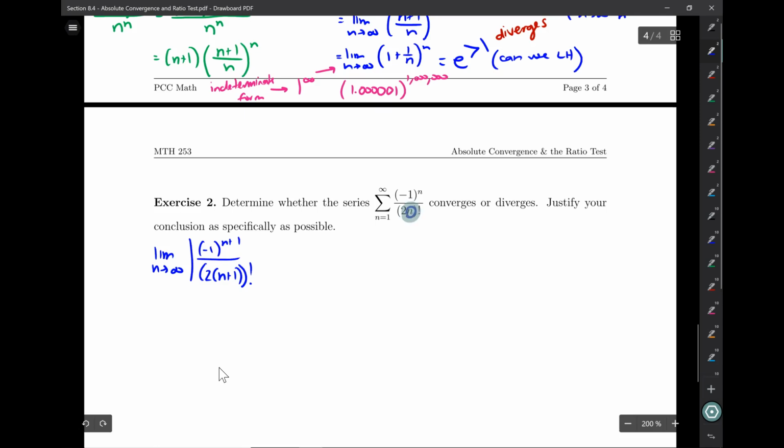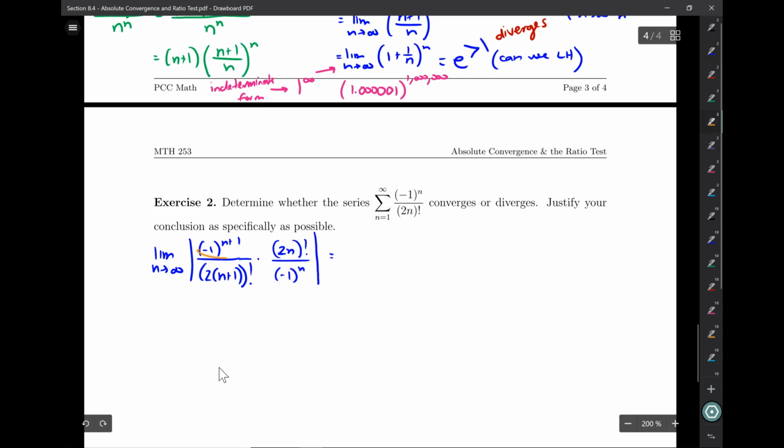So in this case it would be 2 times n plus 1. It won't be 2n plus 1, but it will be 2 times the quantity n plus 1, which we'll simplify in just a second. Okay, I'm going to multiply then by the reciprocal of the a sub n term, which would be 2n factorial divided by negative 1 to the n.